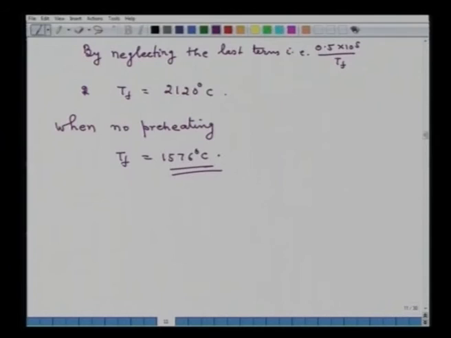Now, you can calculate the adiabatic flame temperature by considering, say for example, 500 degrees C as the preheat temperature of blast furnace gas and 200 degrees C as the preheat temperature of the air. All that you have to do, you have to collect the value of Cp, integrate it from 25 to 500 and get the sensible heat in air and sensible heat in blast furnace gas, add it into the heat of combustion, and then you can find out the value of the flame temperature.